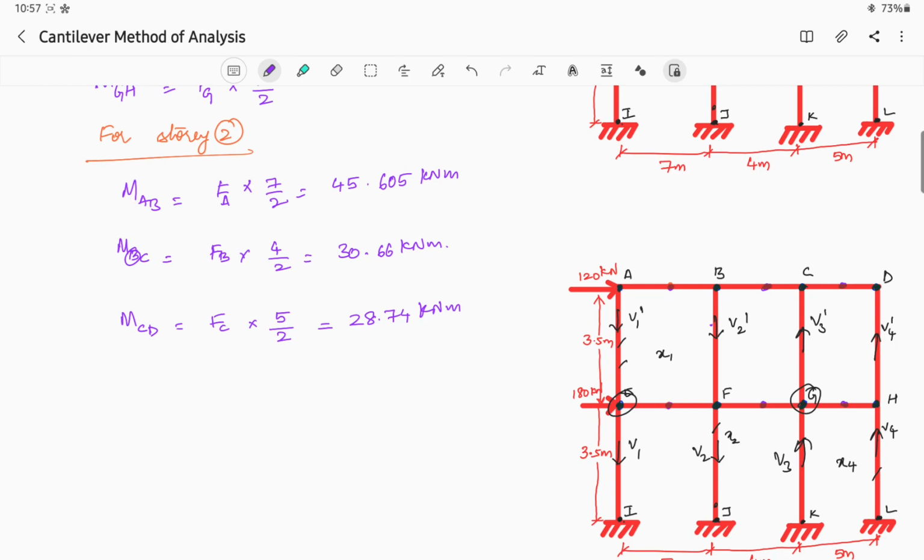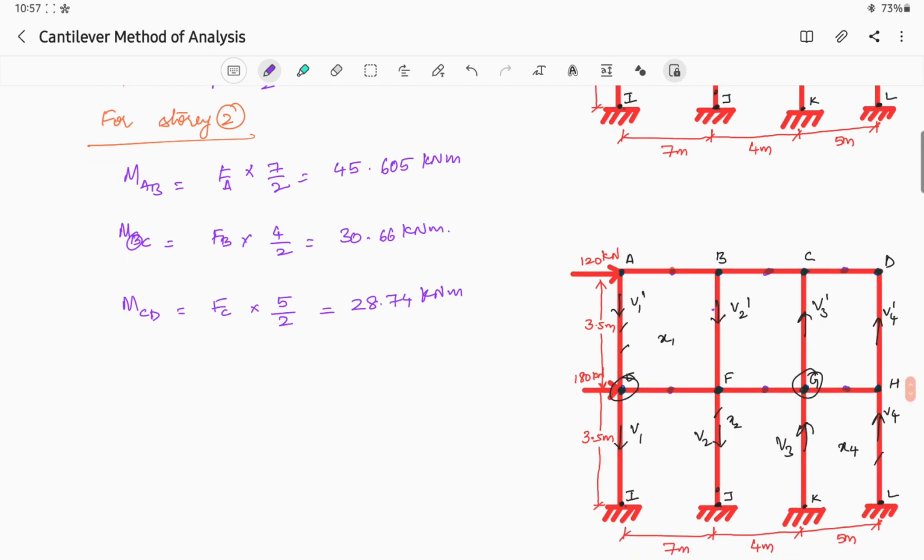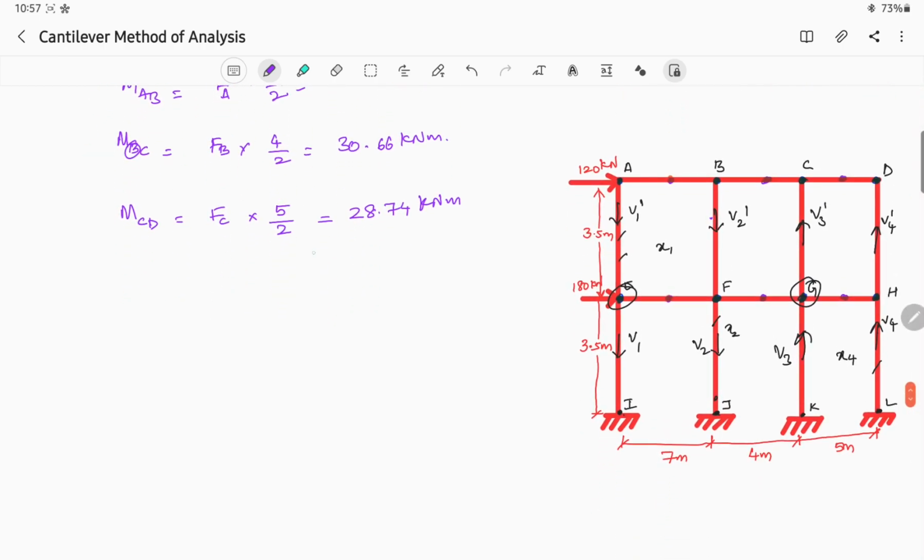This is one of the most important and very useful methods, wherein we use it for immediate calculation of moments and shear forces, so that we can assign some predefined sizes of the members for the software.